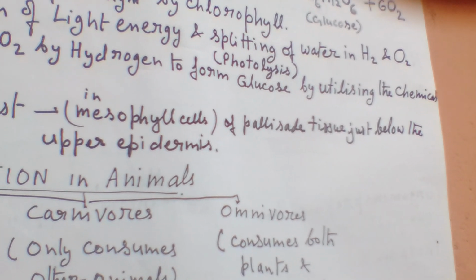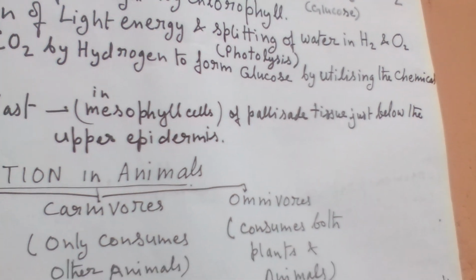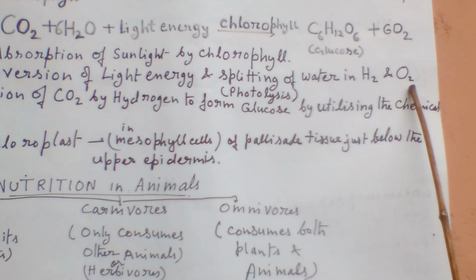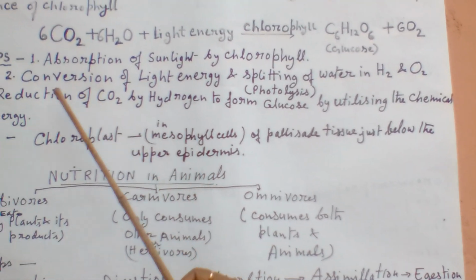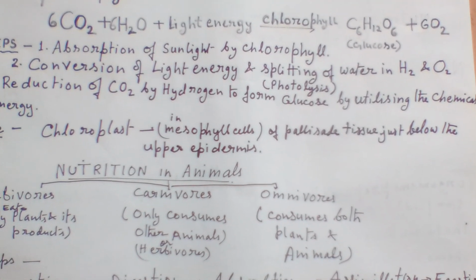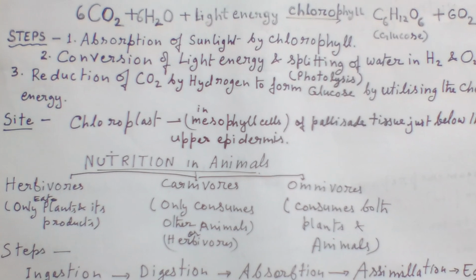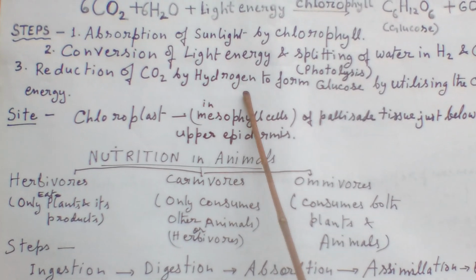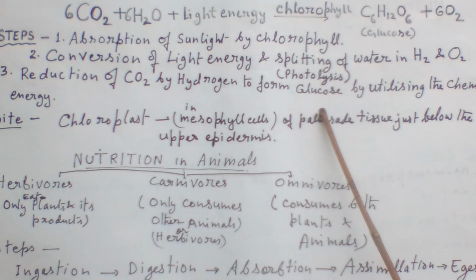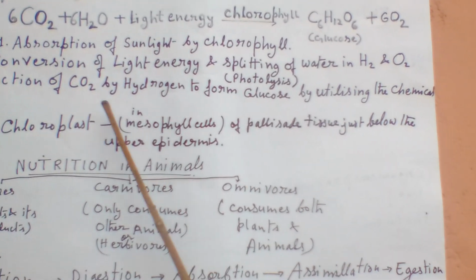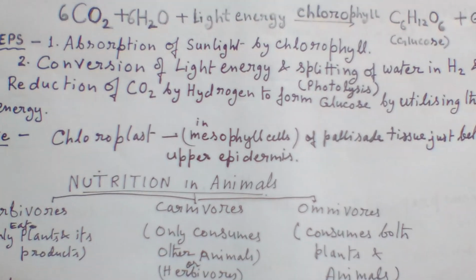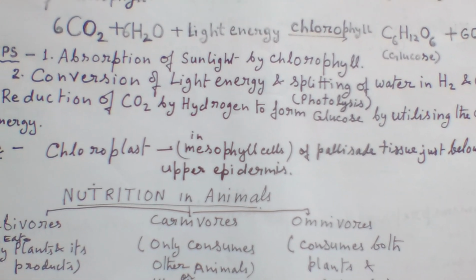Photolysis means using light energy you break the water molecule into hydrogen and oxygen. And the final step is the reduction of CO2. That means hydrogen reacts with CO2 to form the complex material called glucose by utilizing that chemical energy. So these are the 3 basic steps in photosynthesis.